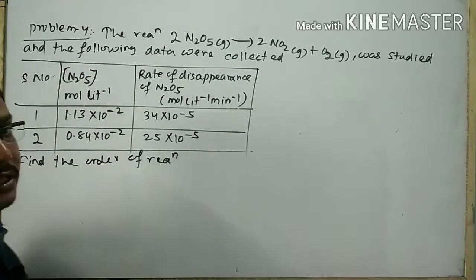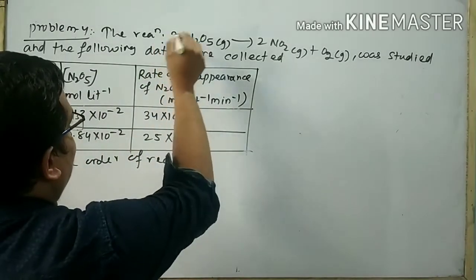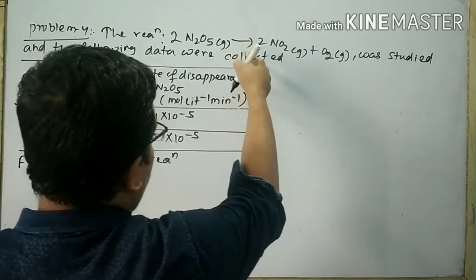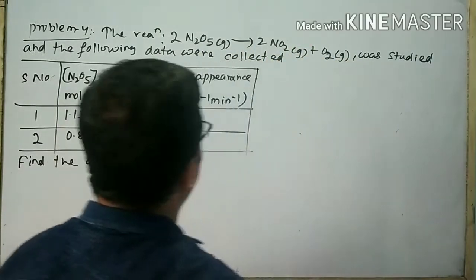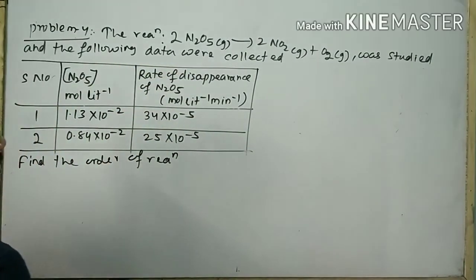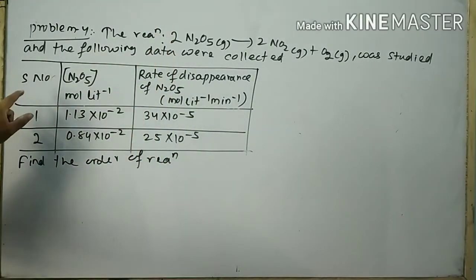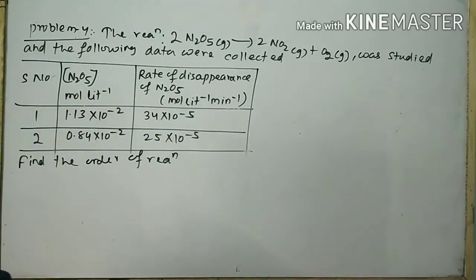Now I will solve problem number 4. The reaction 2N2O5 gives 2NO2 plus O2 was studied and the following data were collected about this reaction. This is the data given in the table. Here two experiments were done, experiment 1 and experiment 2.